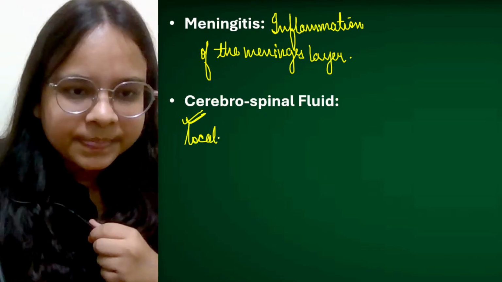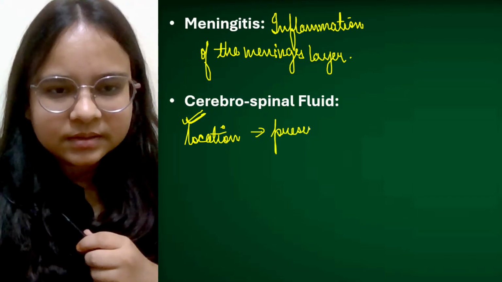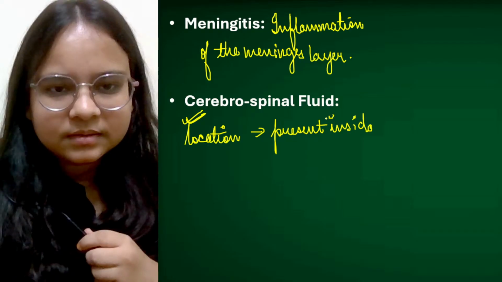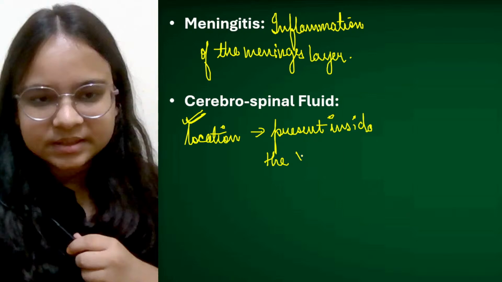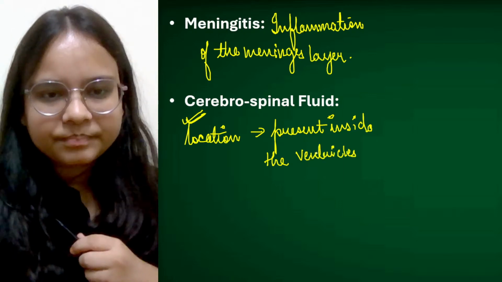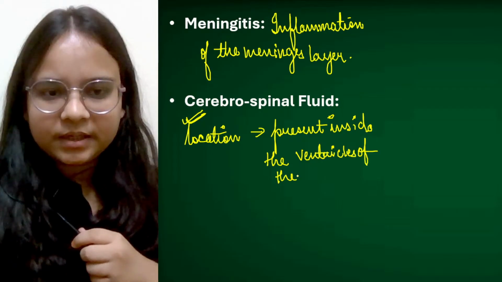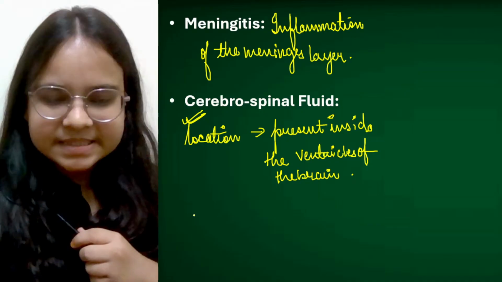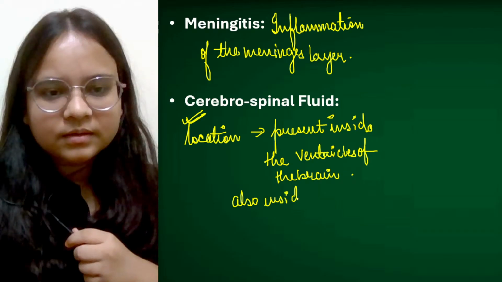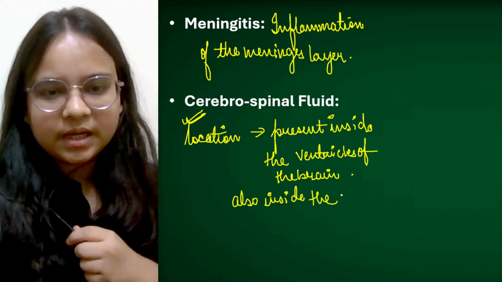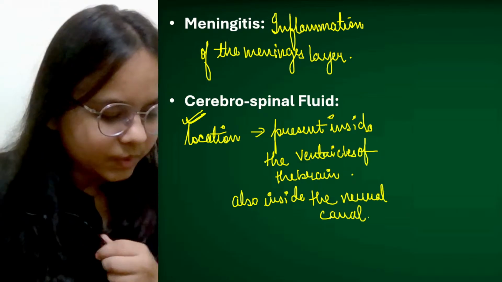Location: it is present inside the ventricles, which are hollow spaces inside the brain. Also inside the neural canal. We will discuss the neural canal when we discuss the structure of the spinal cord.